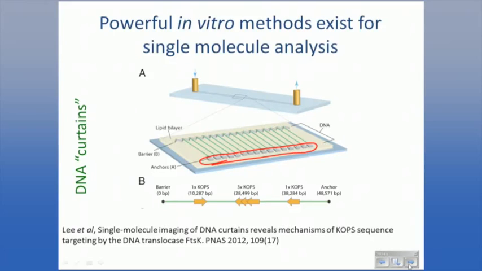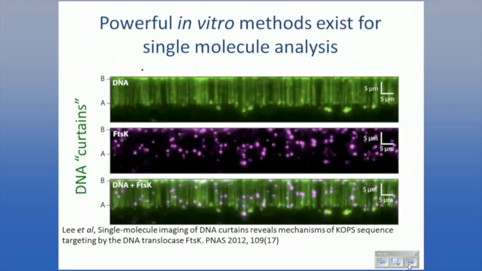So that's something called a DNA curtain, and this is what they look like if you stain them with a DNA dye. So the green is just the DNA now. Each of those little lines is one DNA molecule hanging down, and you can go in now, if you're doing this in vitro, with, say, quantum dot labeled individual proteins. If you make your protein in vitro, you can put a really bright fluorescent molecule like a quantum dot onto it, and you can watch as these proteins move up and down.